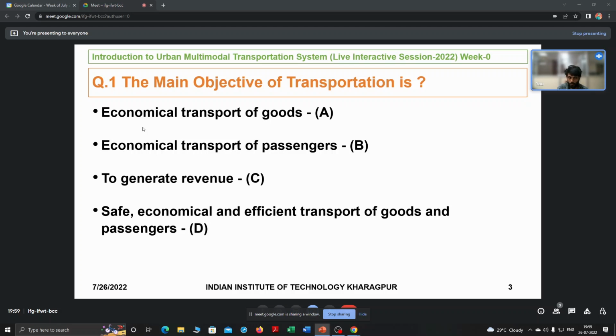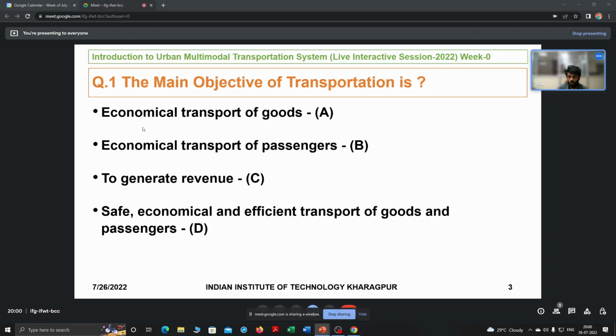So you need a safe transportation system. It also has adverse effects if it is not safe: it may result in jams on that road, travel time related cost will be high, and injury and life cost are also involved. So there are many adverse effects, so our transportation system should be safe.